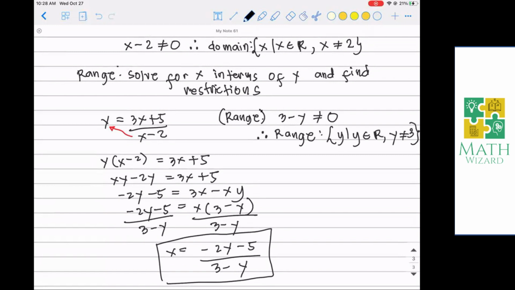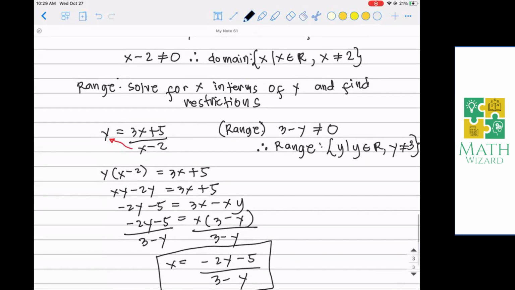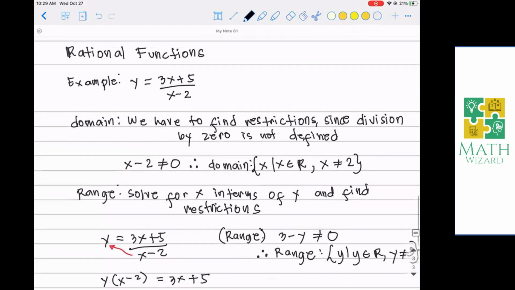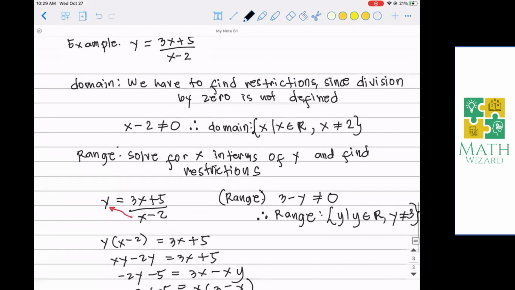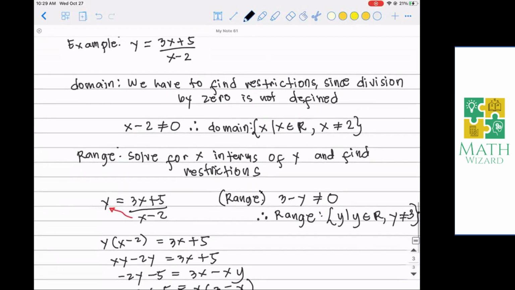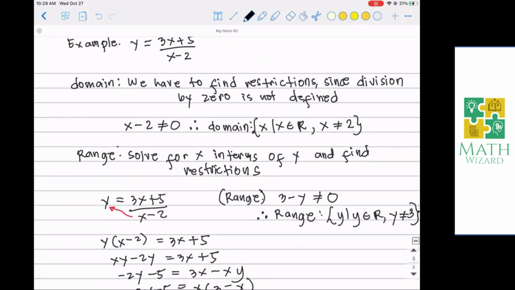Kasi pag nag-equal to 3 yan, magiging undefined ang ating functions. Ang rational functions natin magiging undefined. So I'll just repeat lang before we end this one. Pag sinabi nating domain and range of a rational function, ang una nating titingnan is we look for the denominator. We look for the restriction. Ano yung restriction niya? So for x minus 2, ang restriction niya is x should not be equal to 2.